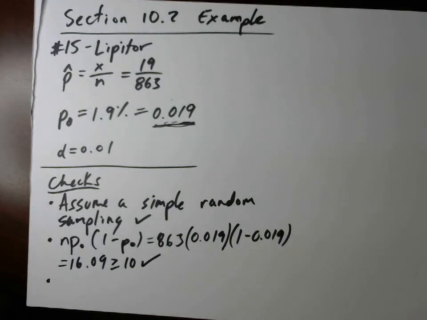So the last check is the sample values are independent of each other. There's no reason to assume that they are dependent on each other.